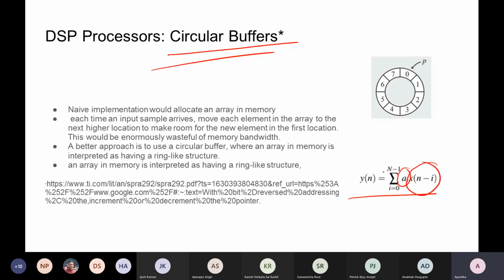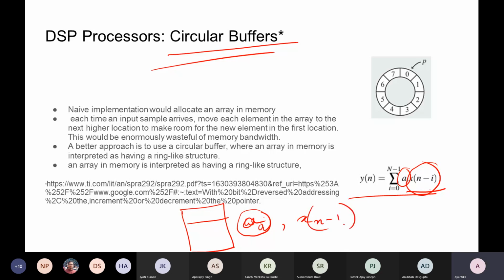Now you have some weight, and you are multiplying that with some value, and you are gradually proceeding. You have allocated some memory for this weight, a_i, and for x(n minus i).